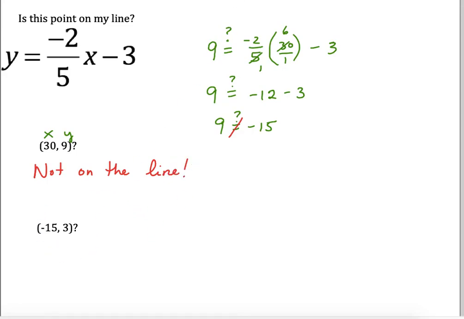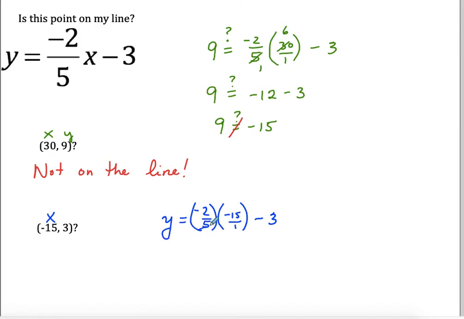Let's try one more, and I'm going to use that other method. So if this is my x, I'm going to find out what I think y ought to be, and then check and see if this is the point that I've got. So y is equal to -2/5 times x, and x is -15, which I'll write as -15/1, minus 3. Is y equal to this?